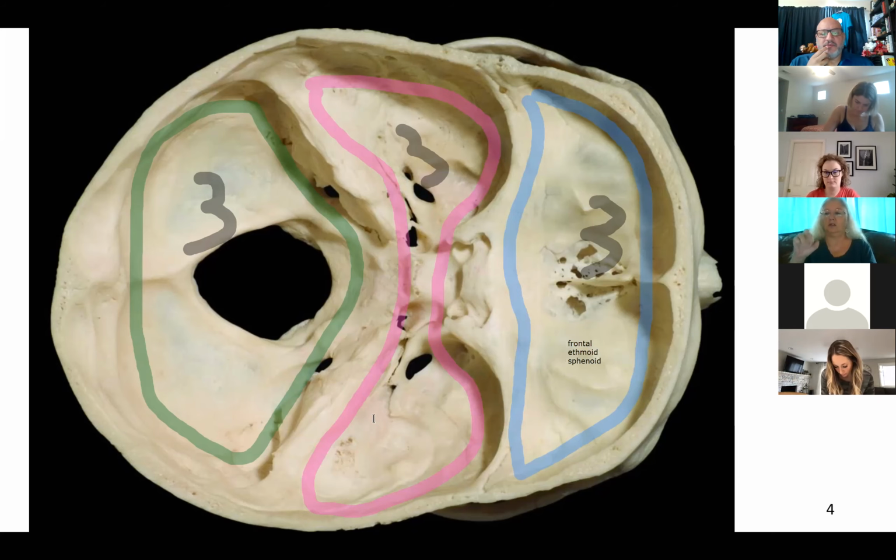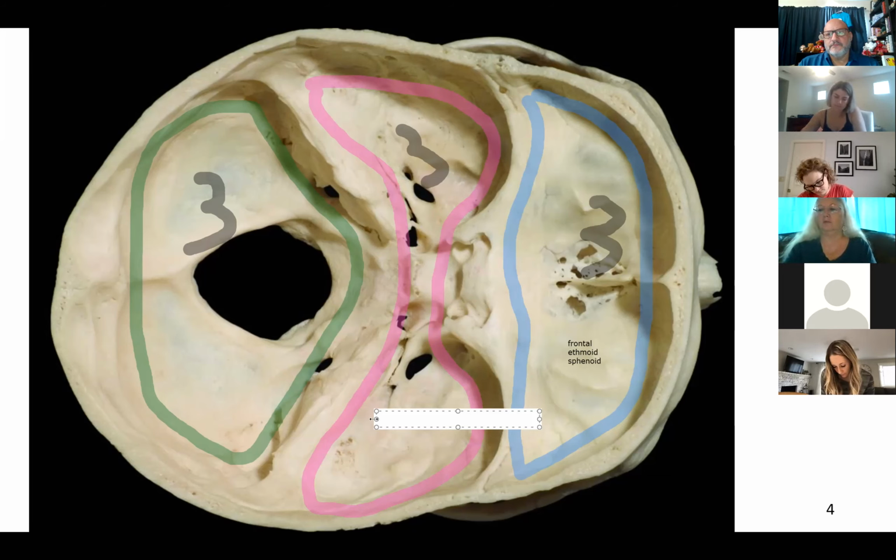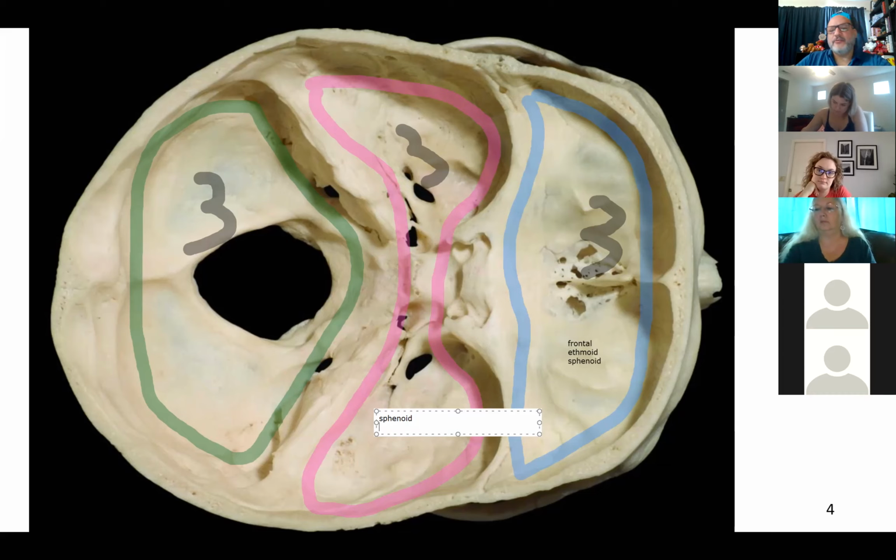What are the three types of bones, because again, some of these are paired, that form the middle cranial fossas? Excellent. Sphenoid again. What else? Ethmoid is way over here in the front, so I wouldn't say ethmoid.